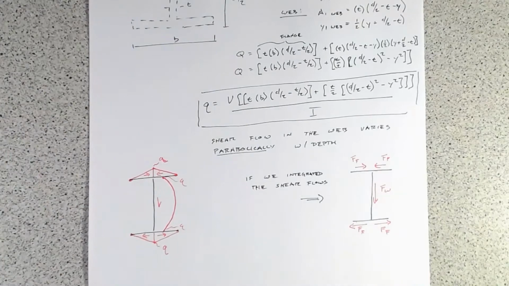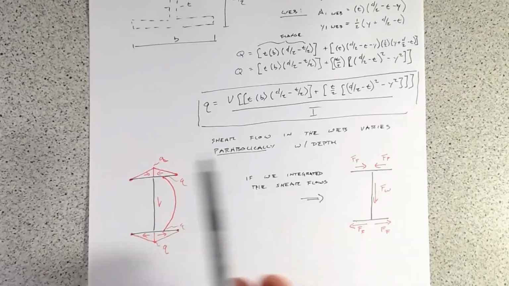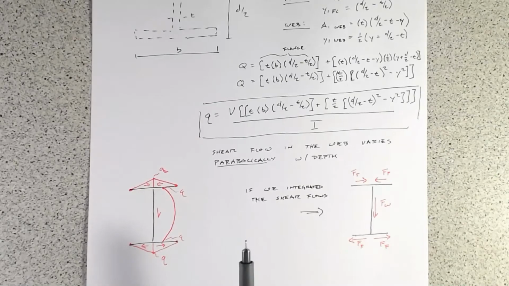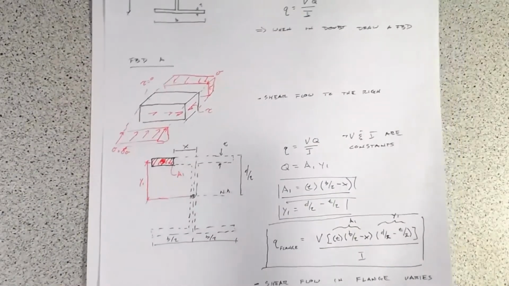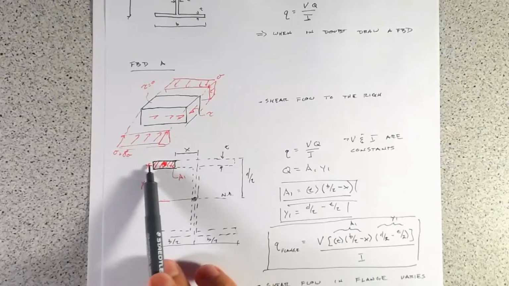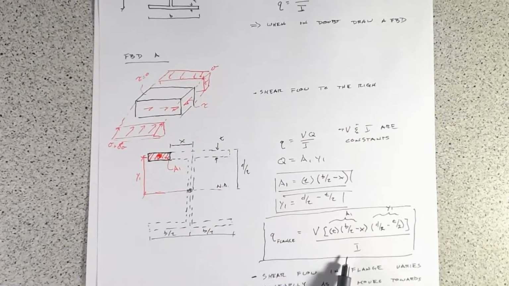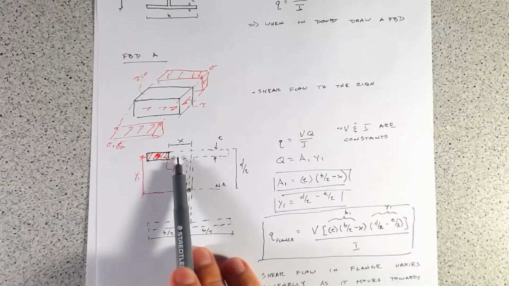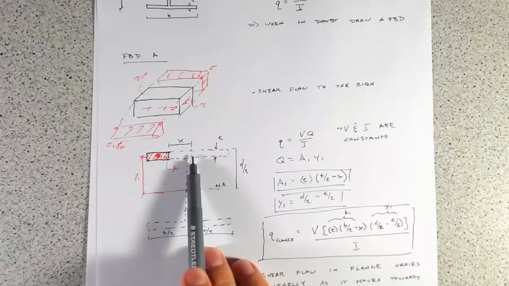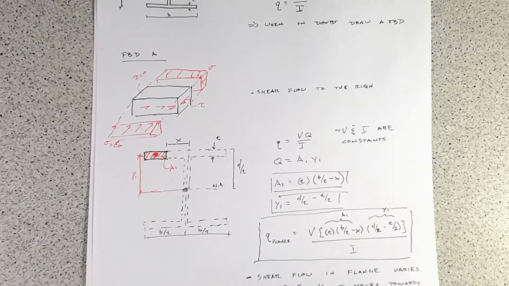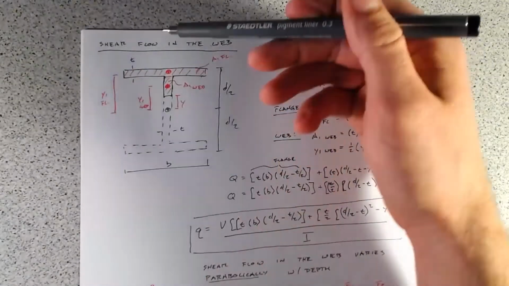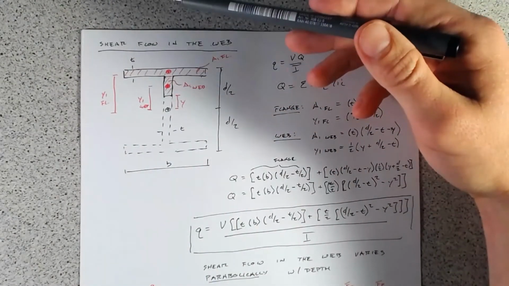But before we wrap this up, some important things to note. So we did this for an I section, but you can see where, if you were working out the shear flow for any member which was horizontal, well, y1 never changes. The only thing that changes is our A1, and that's going to change linearly based upon where we're located in the section. Similarly, for a vertical section, and this is all assuming that we've got a force pointing down.